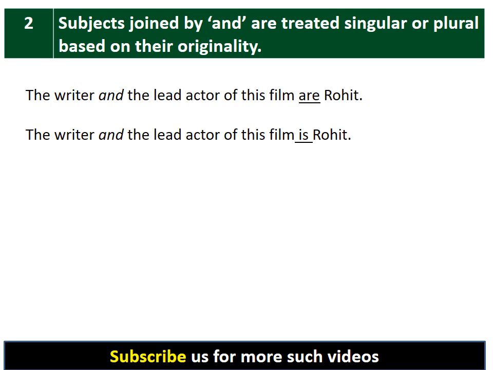If you use your common sense, we are talking about one person here, because the writer and the lead actor, though there are two different things, right? But we are talking about one person. Both are one person only, which is Rohit. So of course are doesn't suit here. Here we should use is.